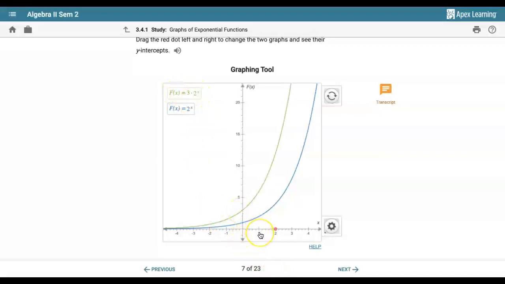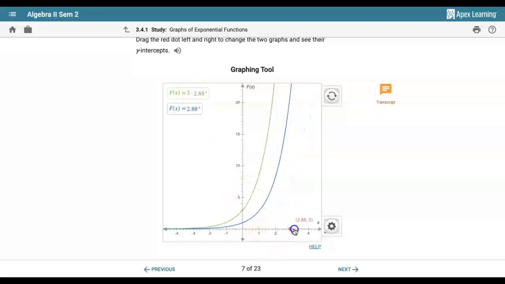When we look at our x equals 1 points, our original graph here is at 1, 2. However, our new green graph has to be at 1, a times b. So a is 3, our b value is 2, so this should be at 1, 6. And lo and behold, it is.